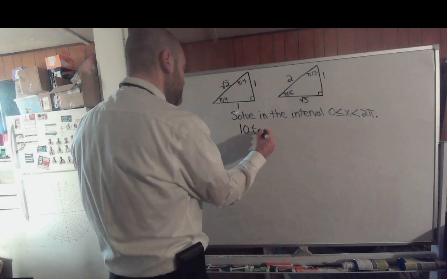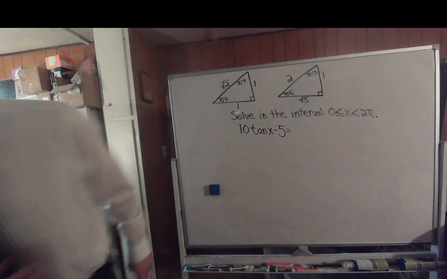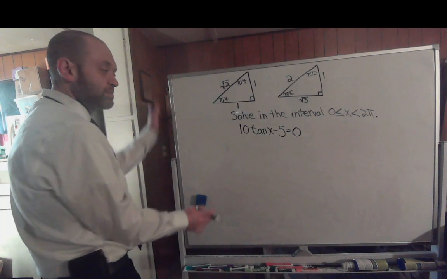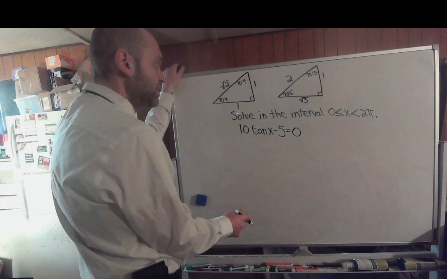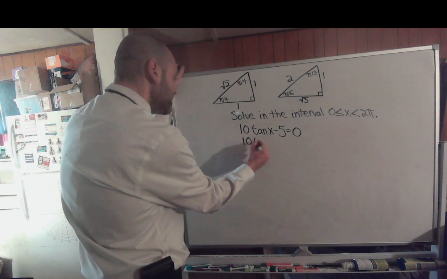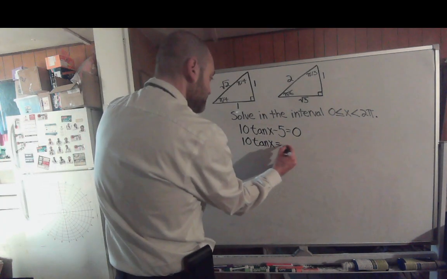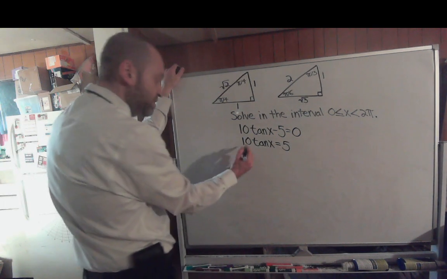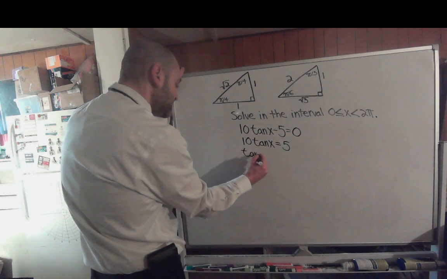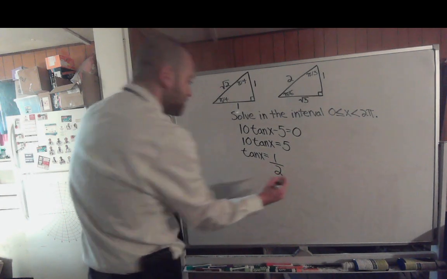10 times the tangent of x minus 5 equals 0, which would turn into 10 times the tangent of x equals 5, which then means that the tangent of x would equal 5 over 10, or simply 1/2.